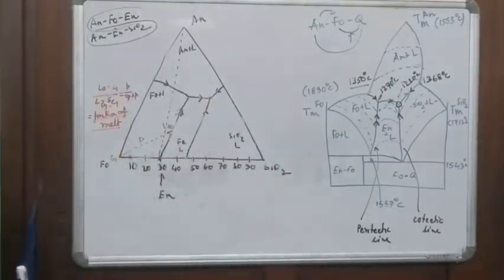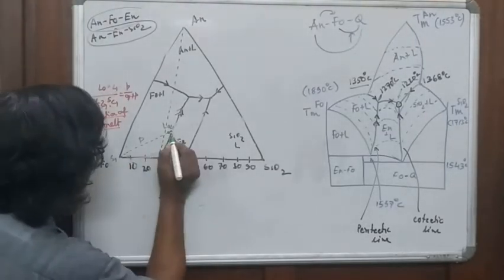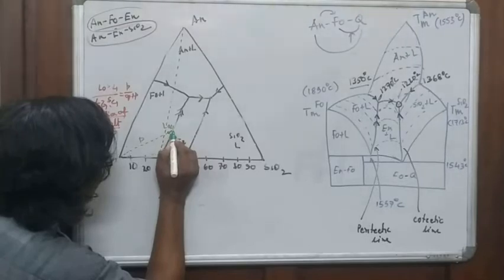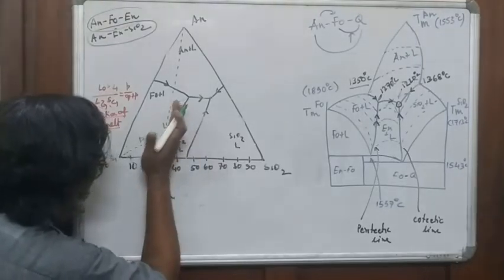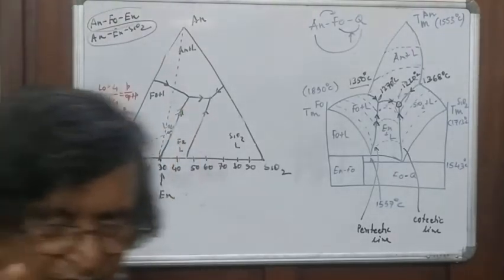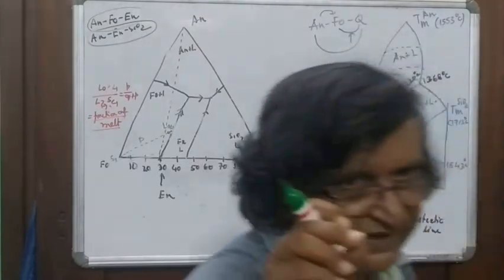My point I have drawn here till now is L1, which is on the left hand side of this reaction boundary. That means I am still in the forsterite phase field.